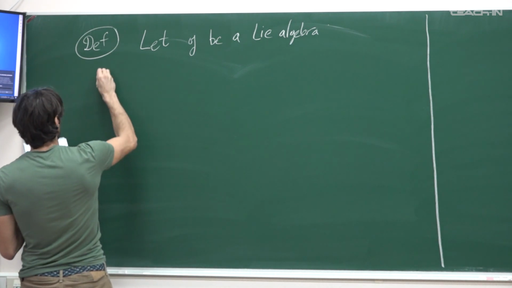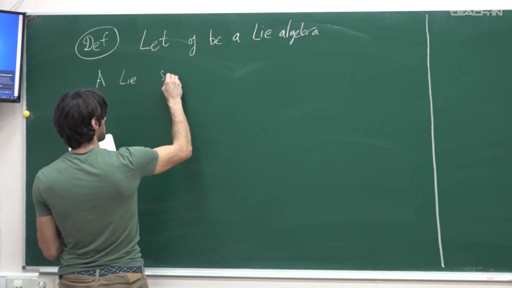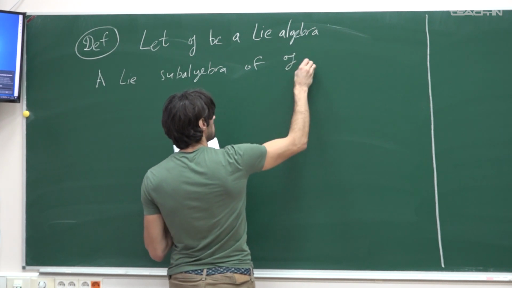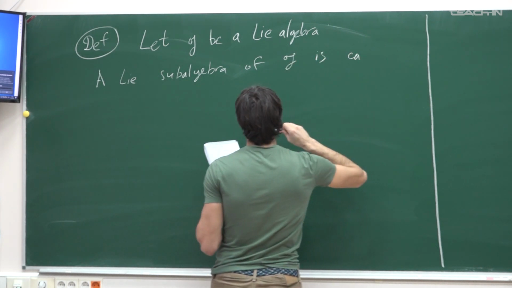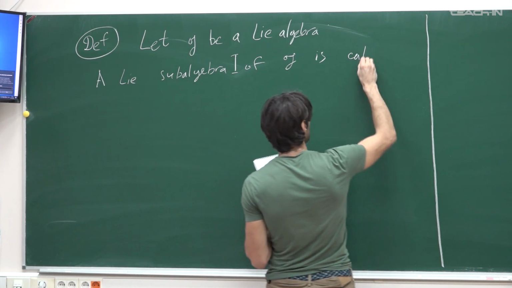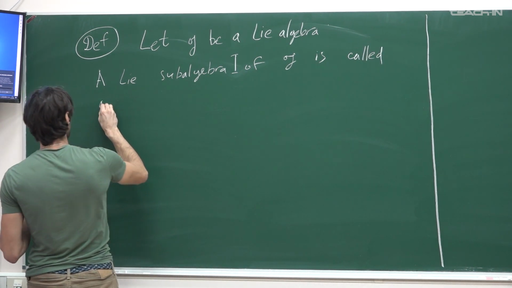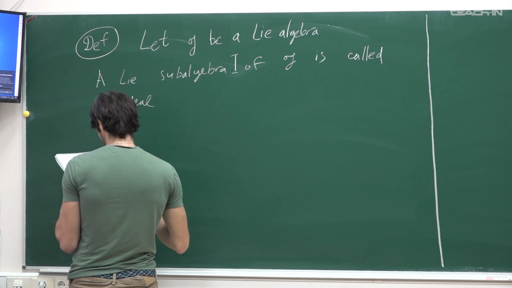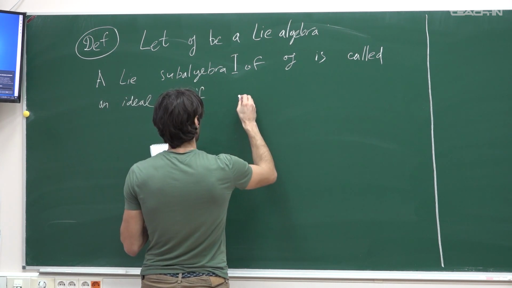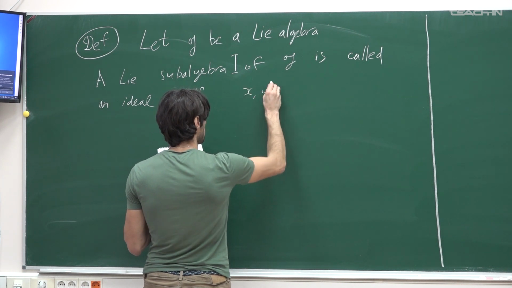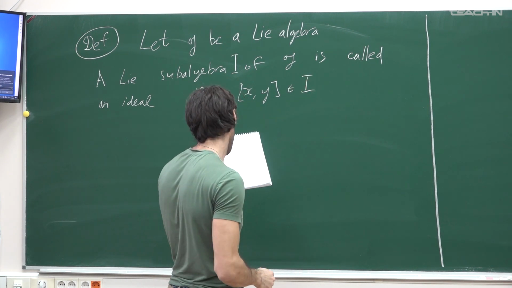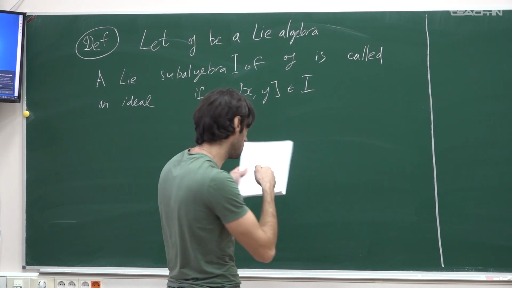And a Lie subalgebra of G, let's denote it somehow, I, is called an ideal if the following happens: if I consider the bracket of an element in the ideal and any element in G, then it will be in the ideal.